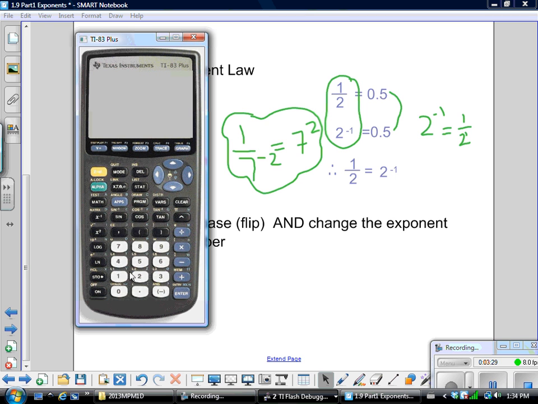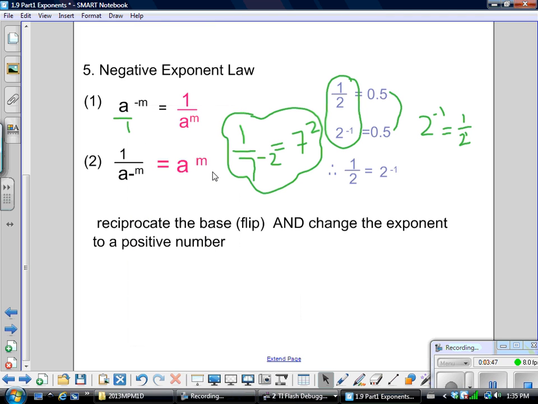So 1 divided by, now I'm going to put a bracket because I don't trust a calculator, 7 to the power of negative 2 equals, oh, it equals 49. So it does work. If you take any number and apply the law either way, it does work.